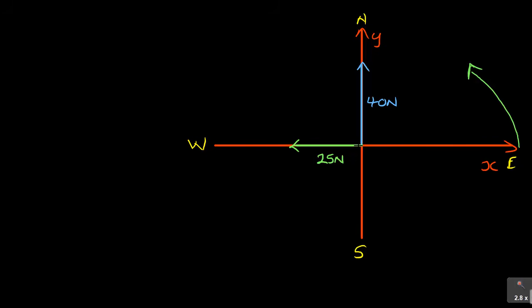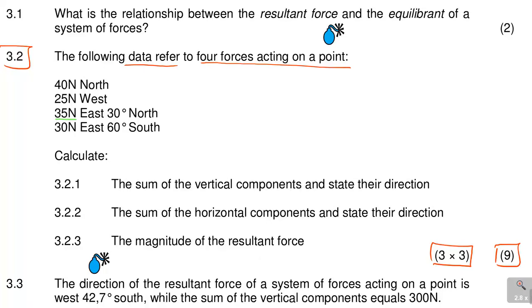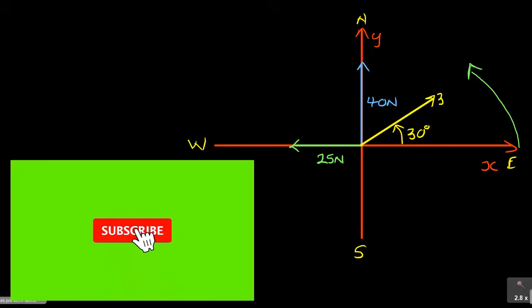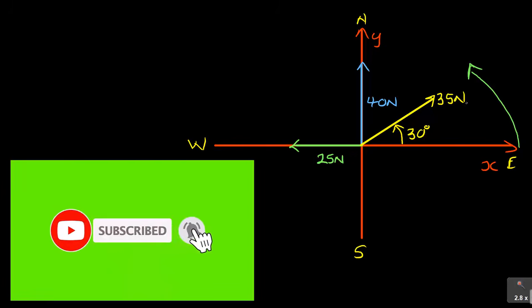So you start from east, you draw a line, they said the size is 35 newtons. You draw that line like that, and remember the angle is 30 degrees. So start from east, move towards north by 30 degrees, and this particular force is 35 newtons.